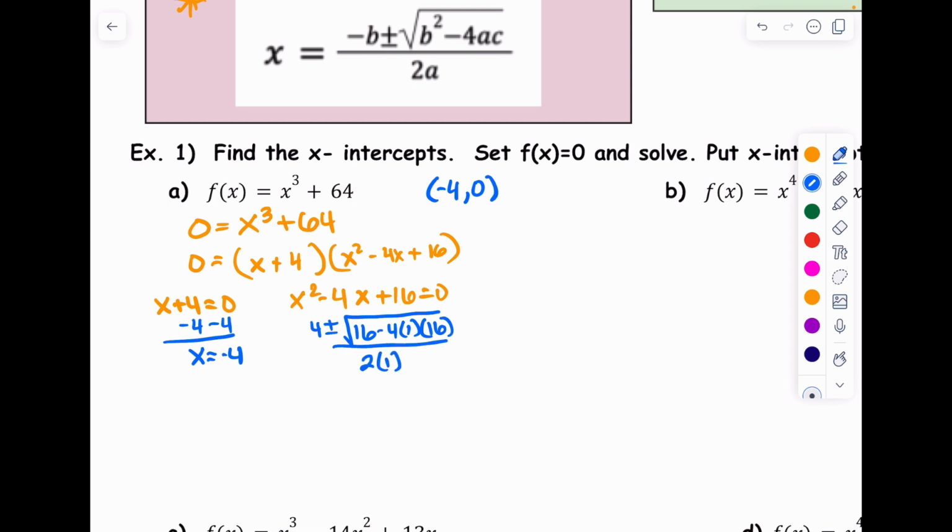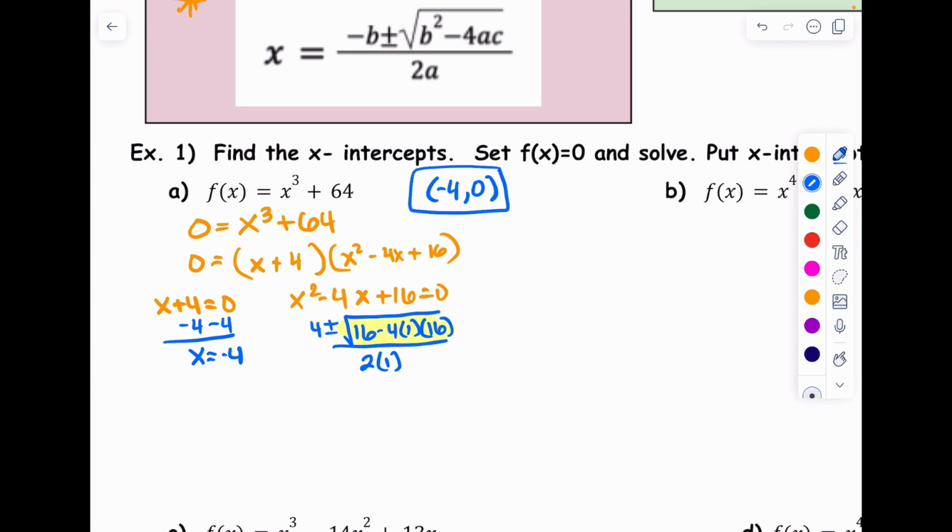Now, if we look at this, we can see that this number right here is definitely going to be negative. And if we have a negative number under the radical, then this is going to be a complex number, which is not a real number. So that means it is not going to give us an x-intercept. So right now we only have one x-intercept for this graph.